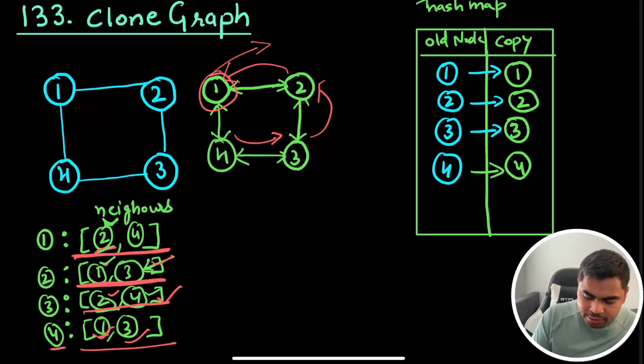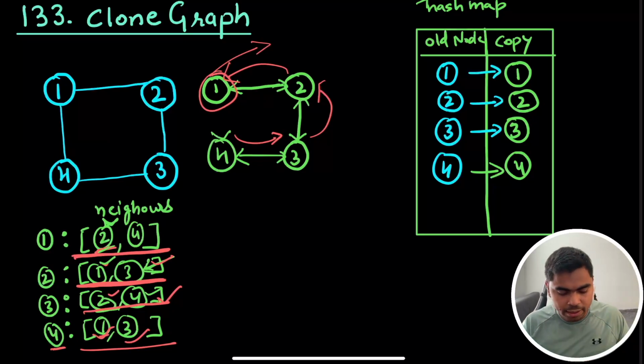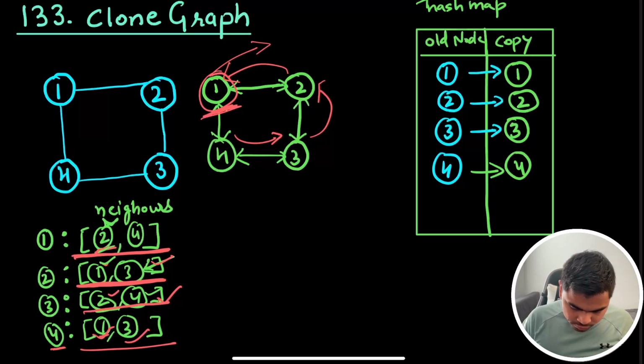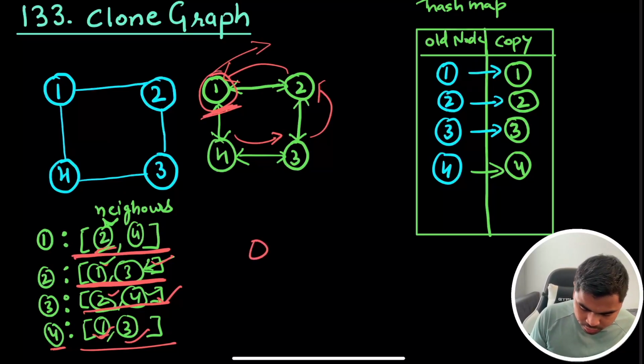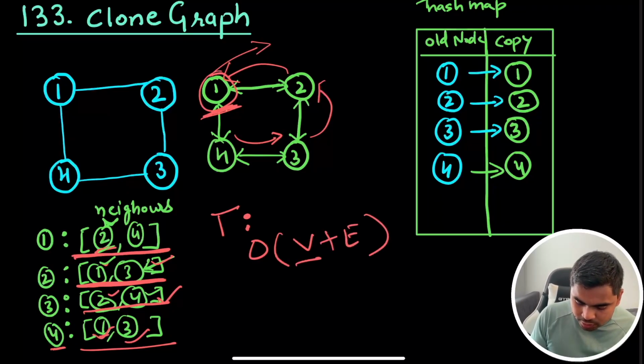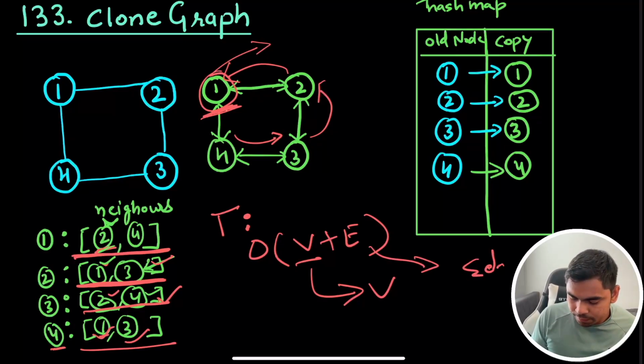We're returning the node where we started from, but now it's a cloned node of the cloned graph. So the time complexity is going to be big O of V plus E, where V is the number of vertices and E is the number of edges.